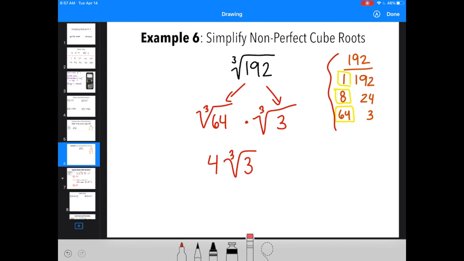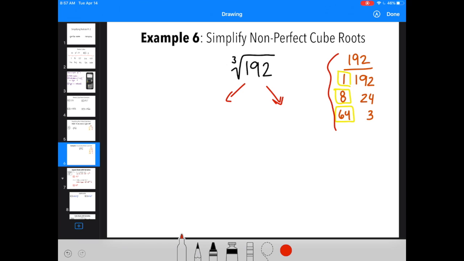Now, I've had this question before. What if we did not realize that 64 was a factor of 192? And let's say we chose 8 and 24. You can do that. You'll just have to use extra steps. So let me walk through what would happen if I chose a smaller cube.